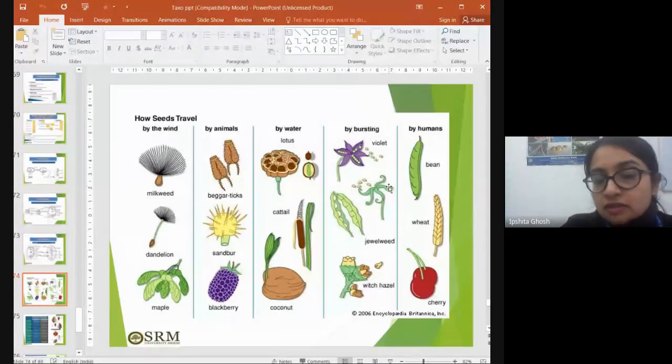This is there in witch hazel, violet, and jewel weed. Seeds can also be dispersed by humans. In the case of beans, wheat, or cherry, they might get attached to clothing and get dispersed in that way.